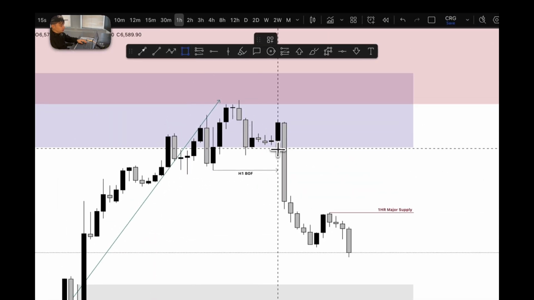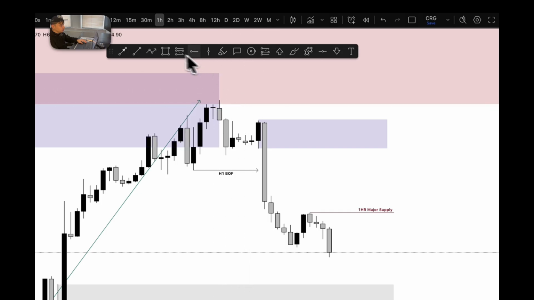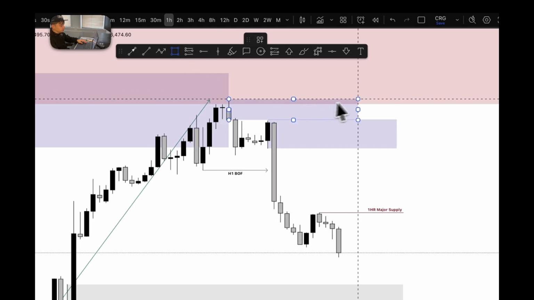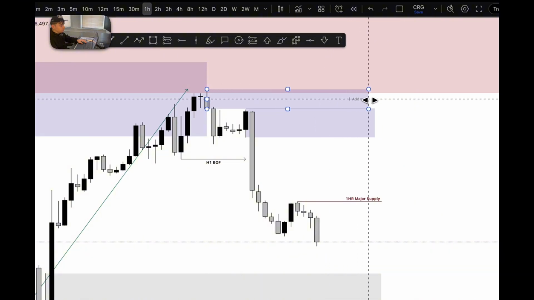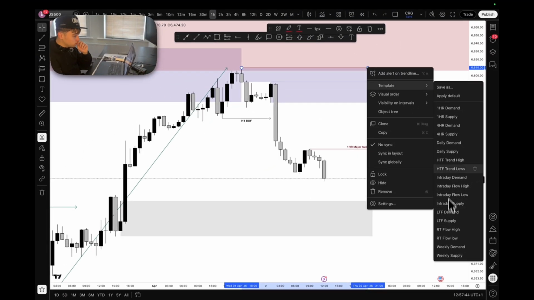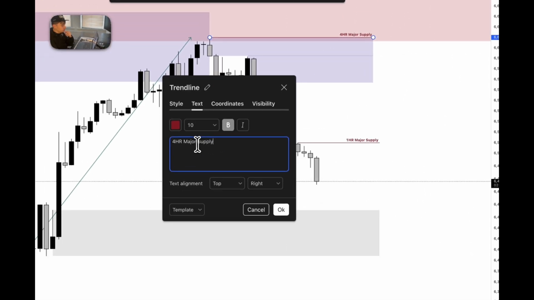And I'm going to mark out here. I'm going to pull this back. It's been mitigated now. Make sure it's not like that. Just going to name it 4 hour supply. Not major though, just minor.